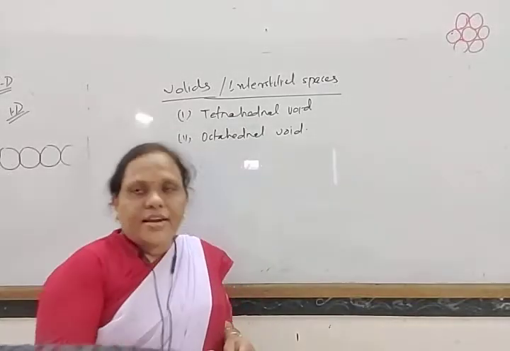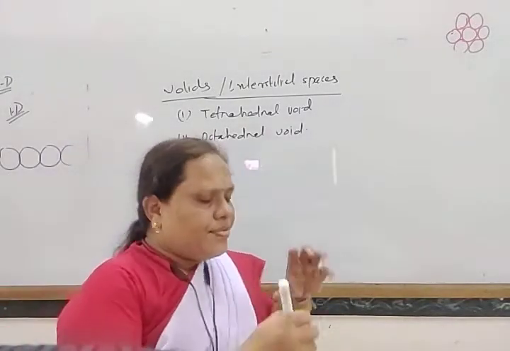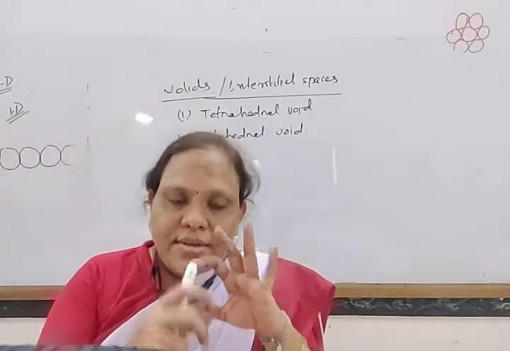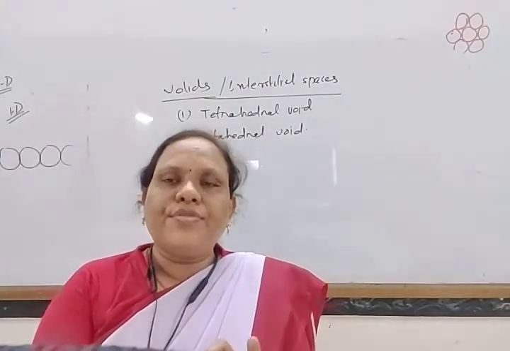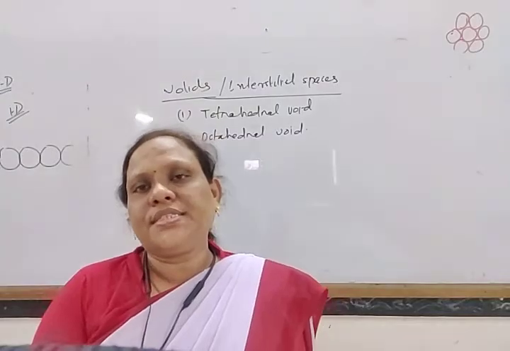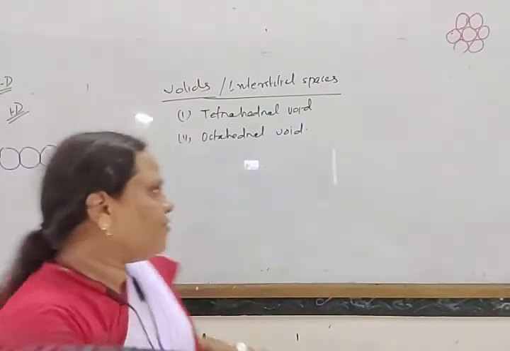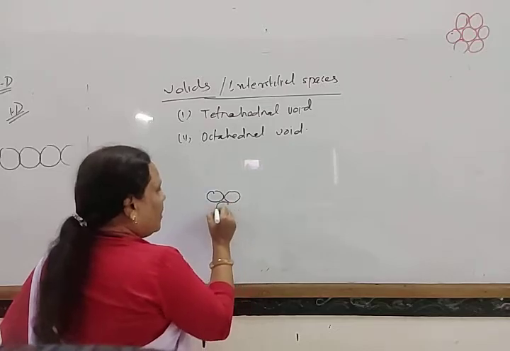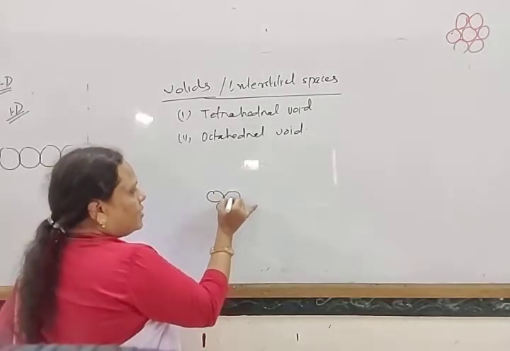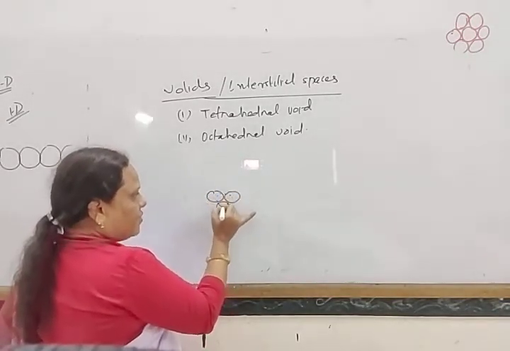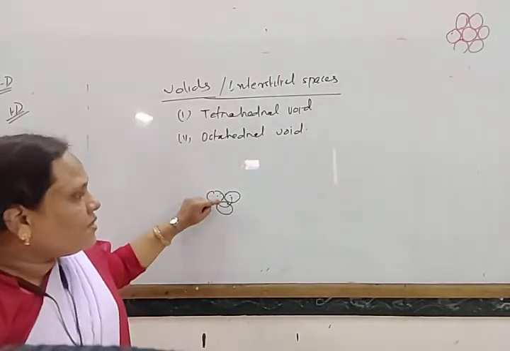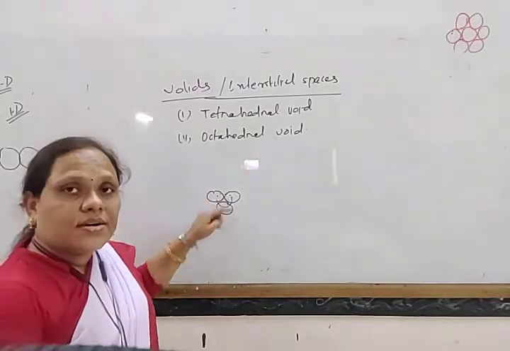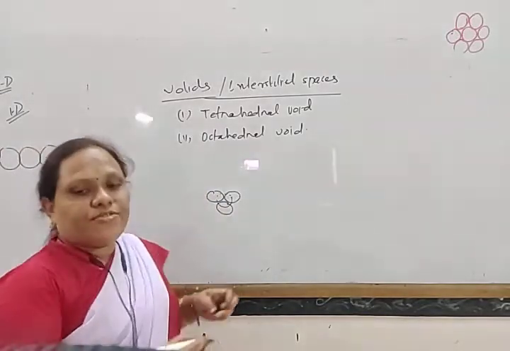In a tetrahedral void, the void which arises by the contact of four spheres is called a tetrahedral void. Suppose three are aligned like this, and another remains just above it. The blank space or interstitial space that arises there is called a tetrahedral void.